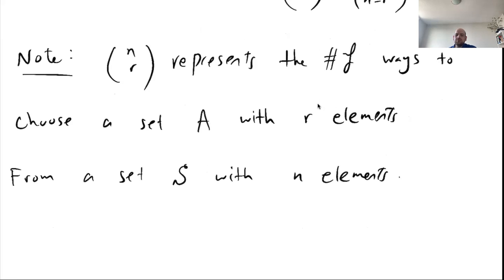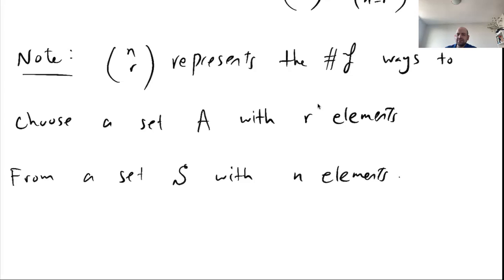Okay, but one way to determine a set with r elements, one way to indicate which r elements I want to choose, is to indicate which elements I will not choose, which n minus r elements I will not choose. If I tell you which n minus r elements I will not choose, then you will definitely know for sure which r elements I will choose, right?